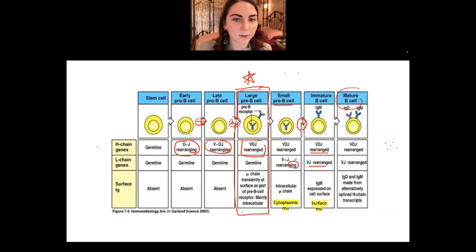These RAG genes are going to be on. And then here they'd be off because we don't have anything actively rearranging. Here it'd be off. And then let's say we want to go through receptor editing. It binds a multivalent self-antigen. We want to try and receptor edit. We would have to turn RAG genes back on. And the B cell can do that. It can turn it back on and kind of go back through this process. You're welcome.